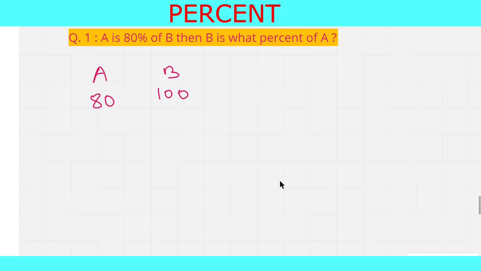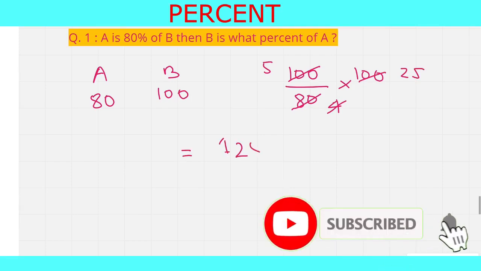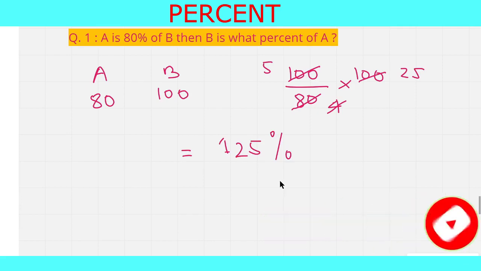So we solve like this: B upon 80 into 100. 80 cancels 4 times by 20 and 100 is cancelled by 20 for 5 times, and 4 cancels 100 for 25 times. So this gives us 25 times 5 is 125. So B is 125% of A.